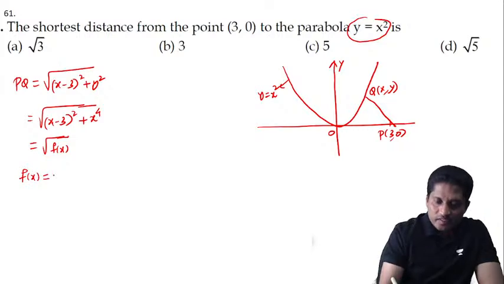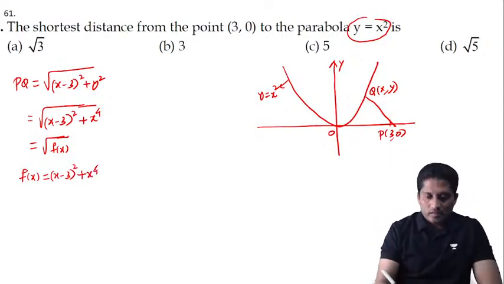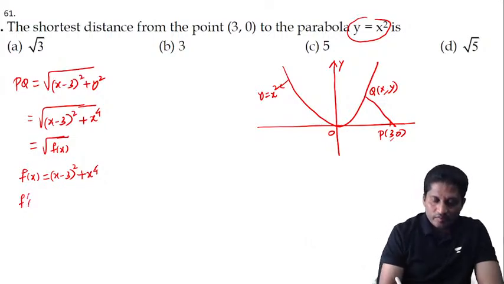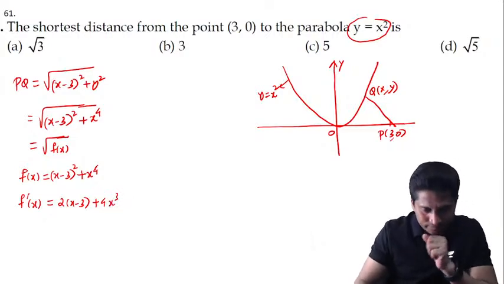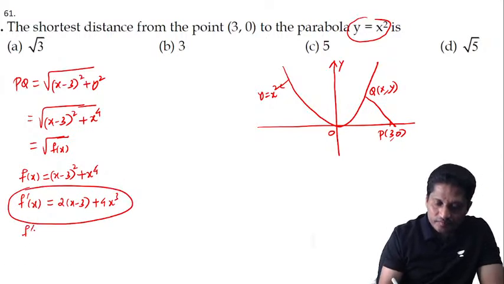f(x) is equal to x minus 3 the whole square plus x power 4. Now we'll use maxima and minima for this. If I differentiate once, f dash of x is equal to 2 into x minus 3, right? Differentiation of x power 4 is 4x cube. After finding the first derivative, I'll equate to 0.